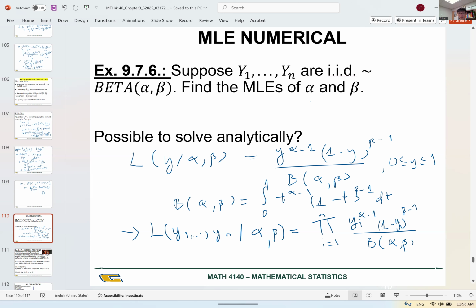If you take the derivative directly with respect to alpha and beta from this function, it won't help. Even if you go with the log likelihood function, it is still very messy. The log of the product becomes a summation.